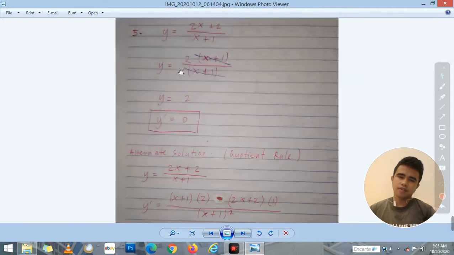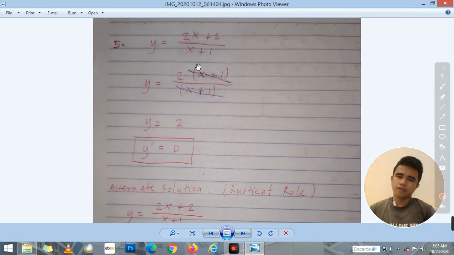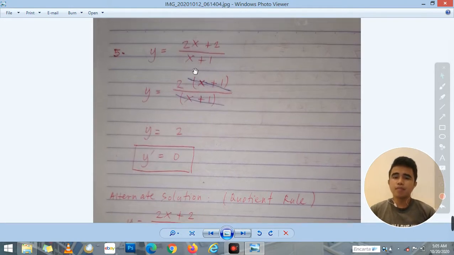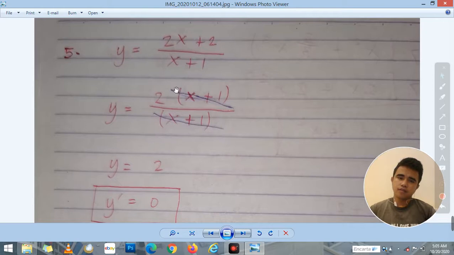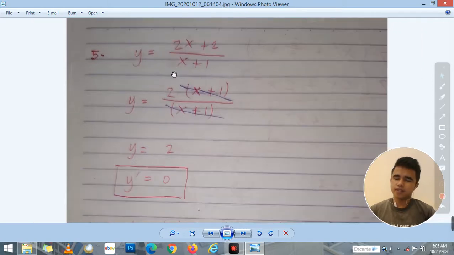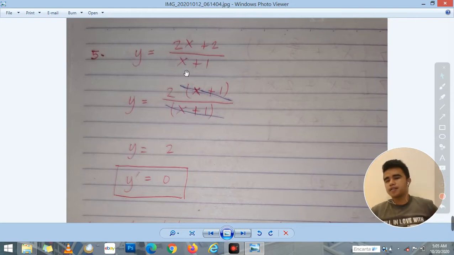Number 5. So for number 5, we can apply quotient rule, but actually we can have a more simplified solution by simplifying first the fraction.